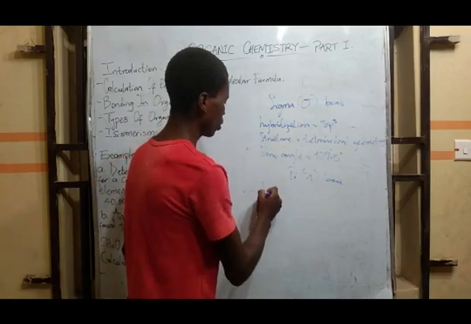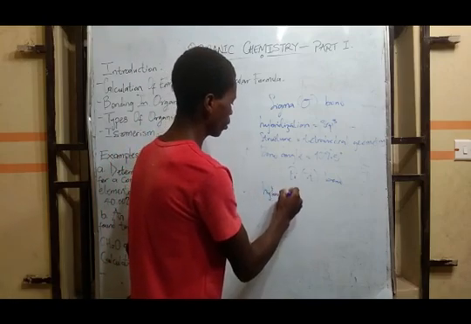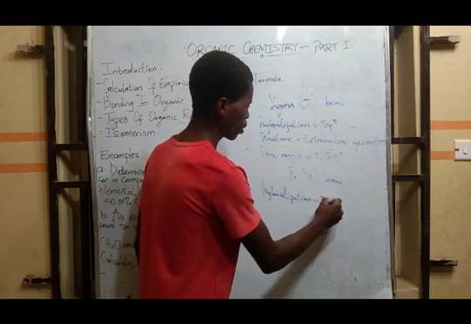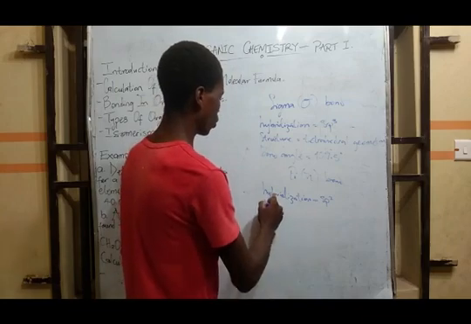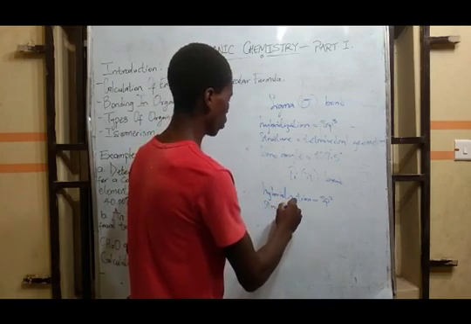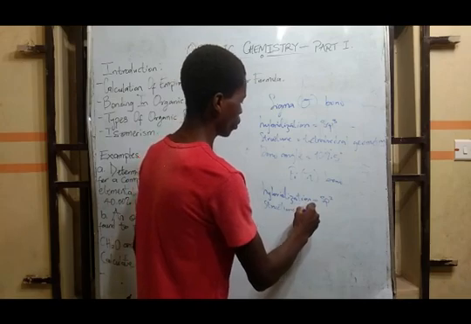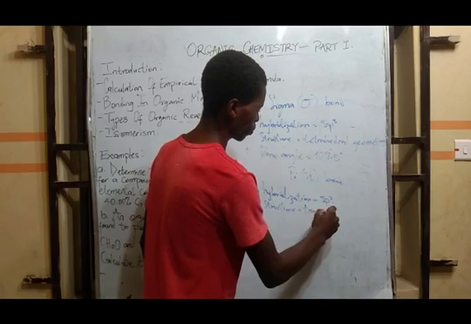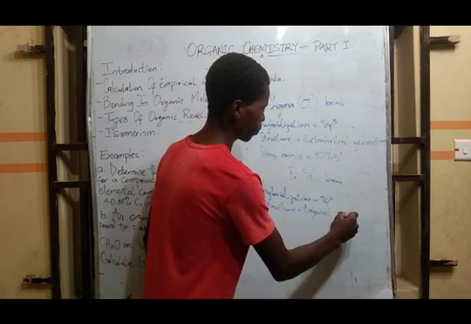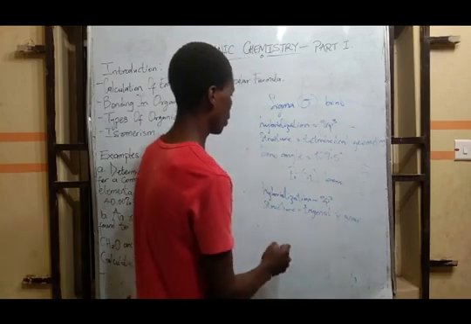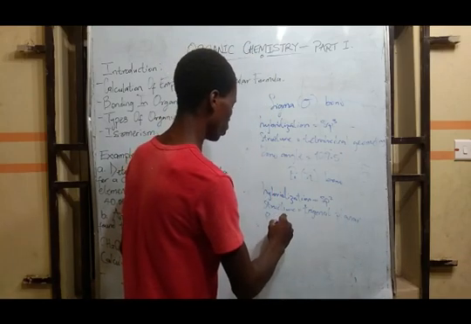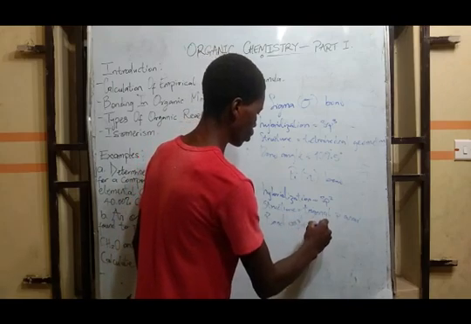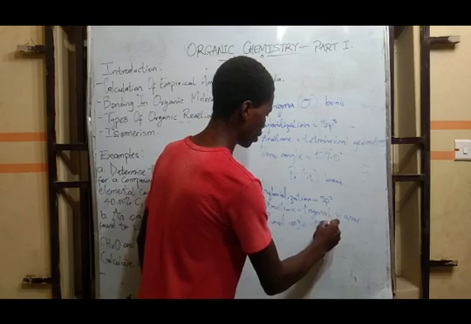The hybridization formed here is sp2, and the structure is trigonal planar, and the bond angle is 120 degrees.